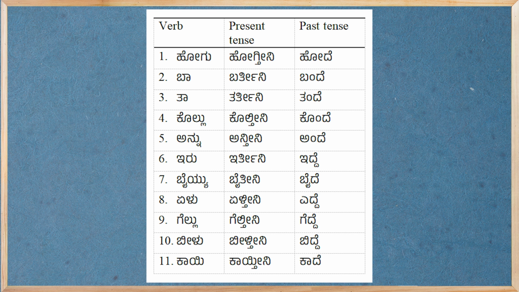The verb root ಗೆಲ್ಲು becomes ಗೆಲ್ತೀನಿ in the present tense and ಗೆದ್ದೆ in the past tense. The verb root ಬೀಳು becomes ಬೀಳ್ತೀನಿ in the present tense and ಬಿದ್ದೆ in the past tense. The verb root ಕಾಯು becomes ಕಾಯ್ತೀನಿ in the present tense and ಕಾದೆ in the past tense.